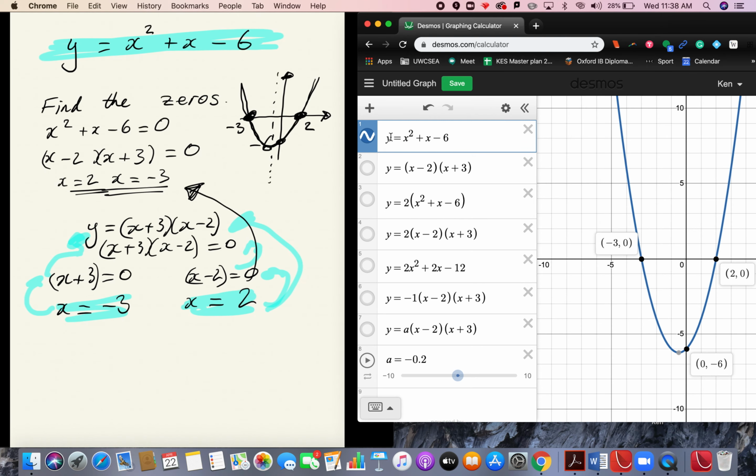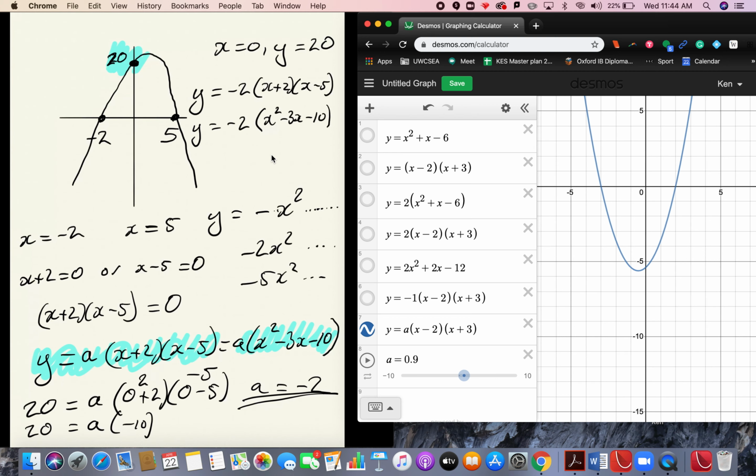But if you did want to multiply it out, it would be negative 2 into x squared minus 3x minus 10, and then if you expand the brackets, it's minus 2x squared plus 6x plus 20. So you've got two different versions there: the expanded form of the quadratic, and the factored form of the quadratic.